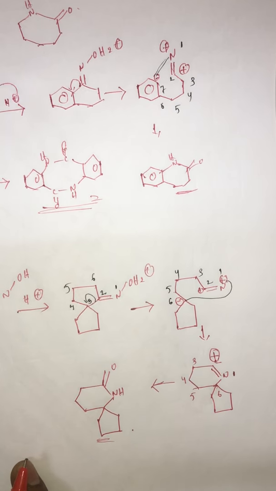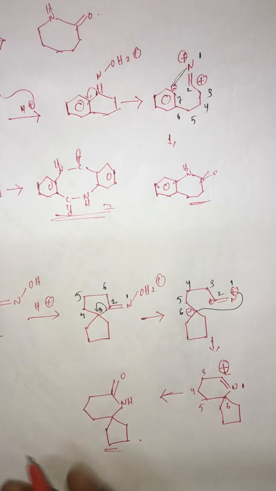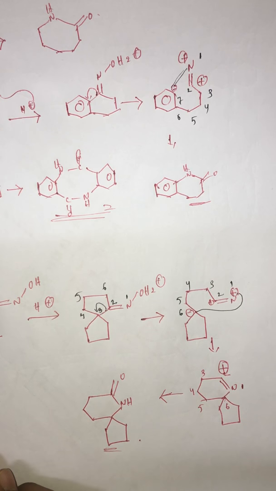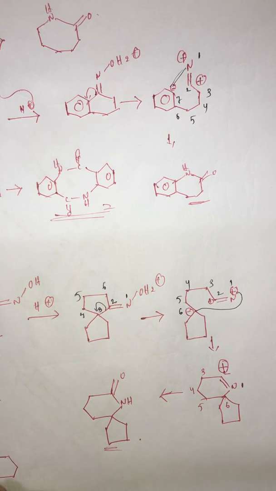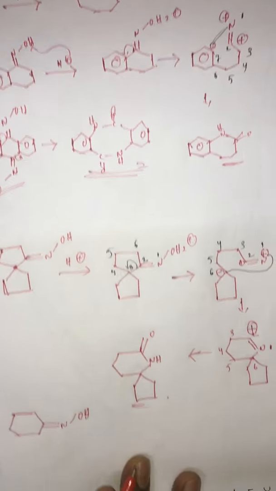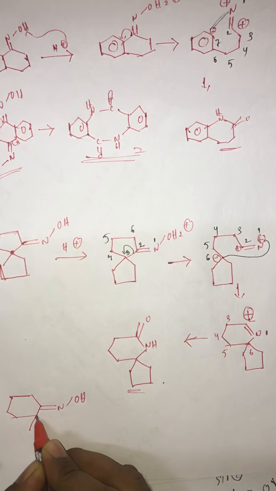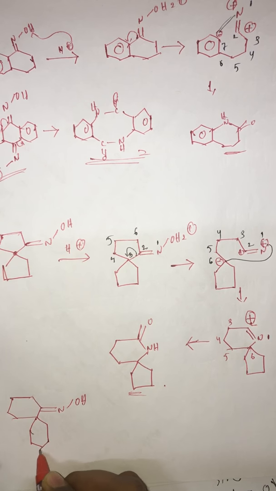And another example here we have, let's imagine that we have a 6-member ring here, and this kind of compound.